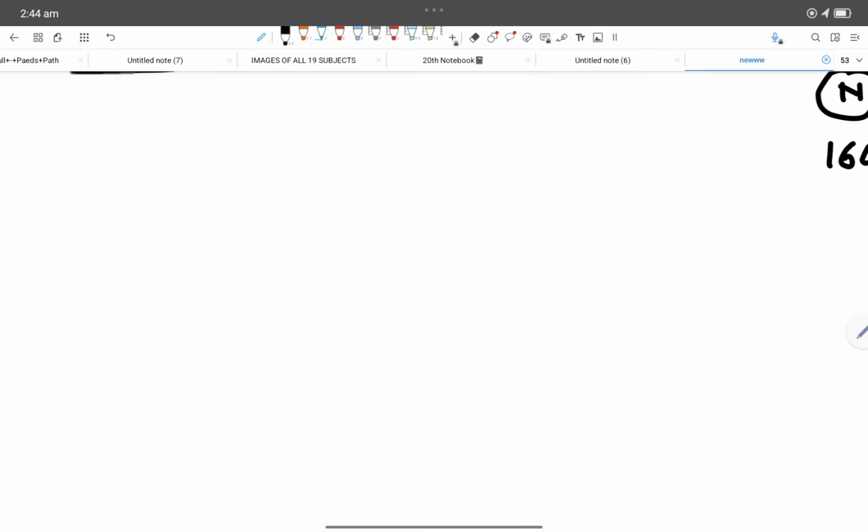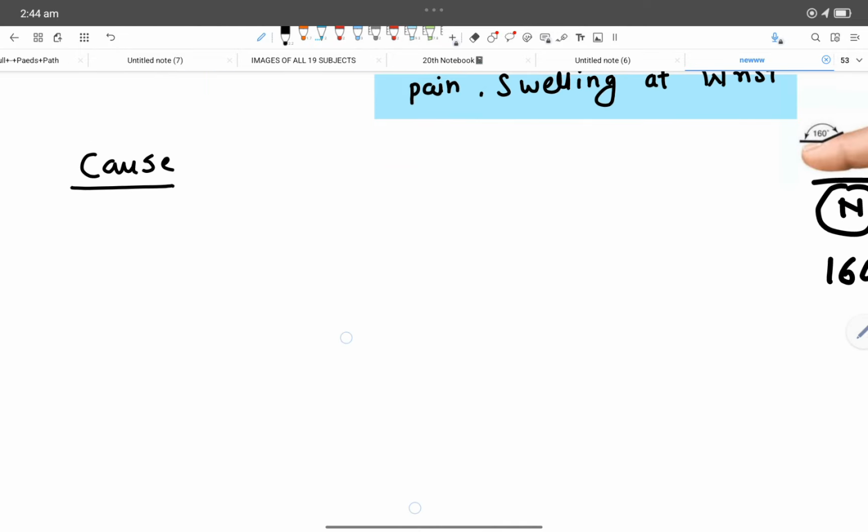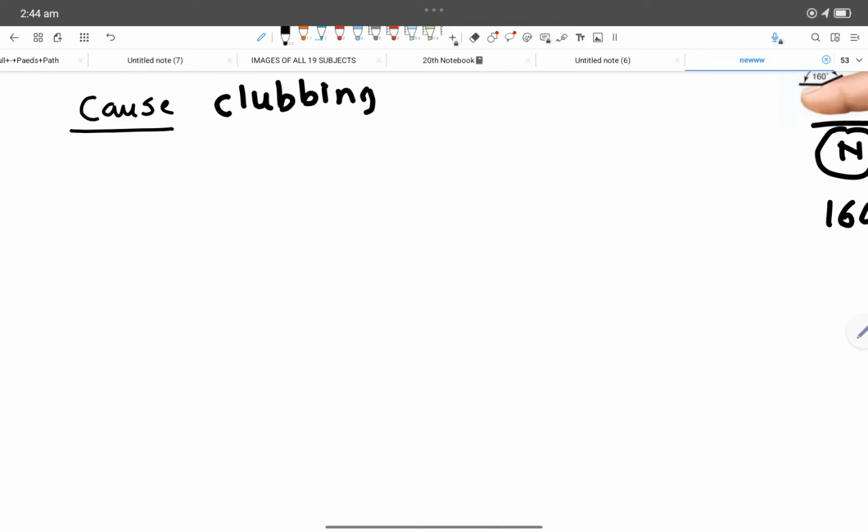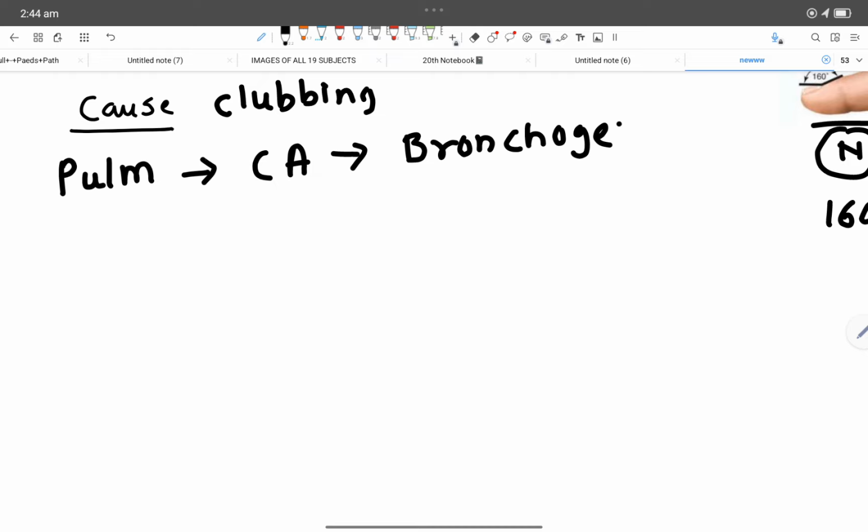Now, the main causes of clubbing. Causes are divided into pulmonary causes, mostly occurring in lung cancer, bronchogenic lung cancer, and mesothelioma.